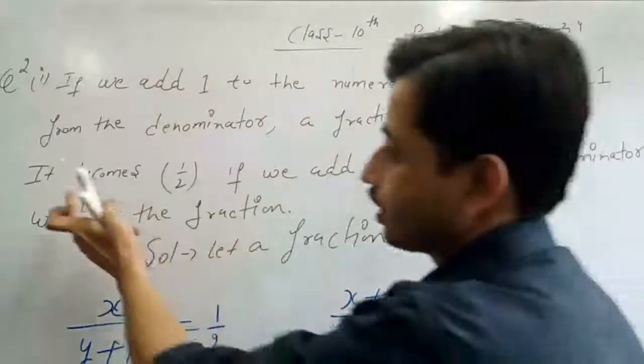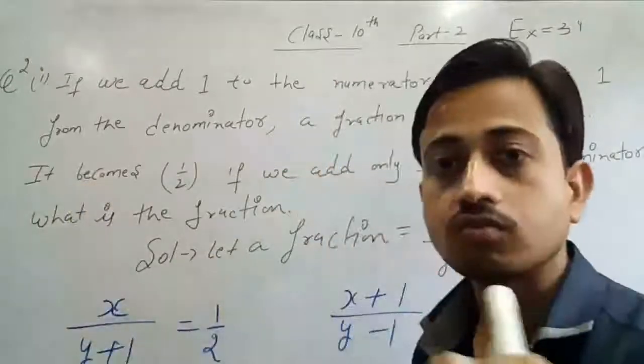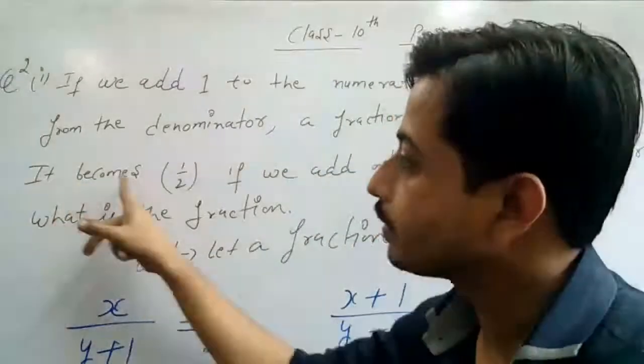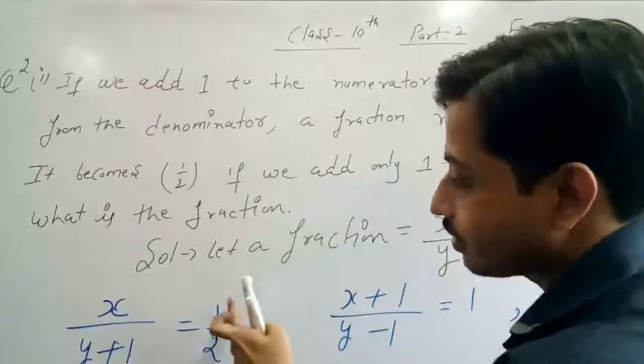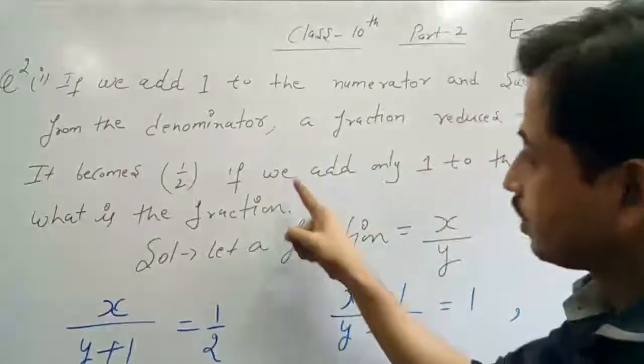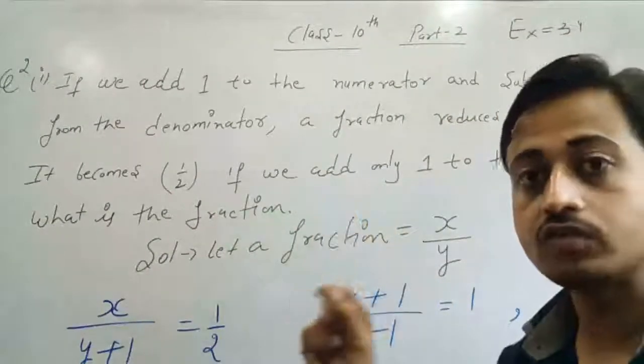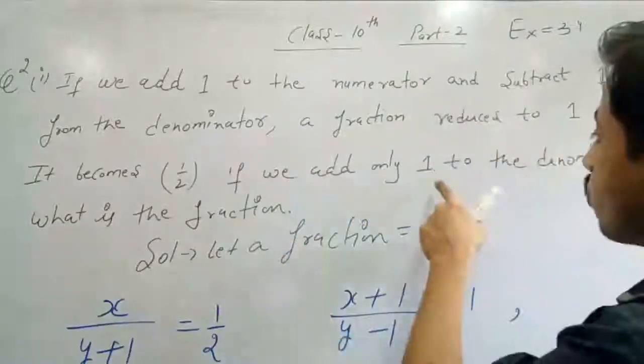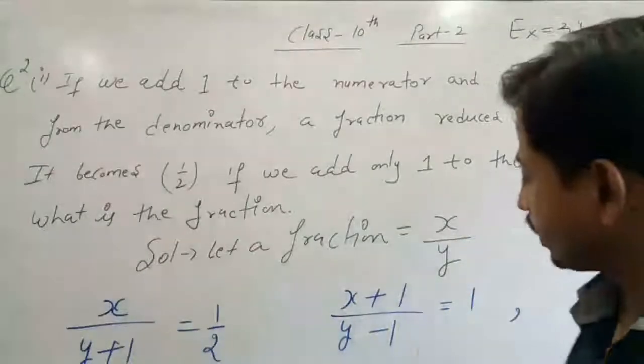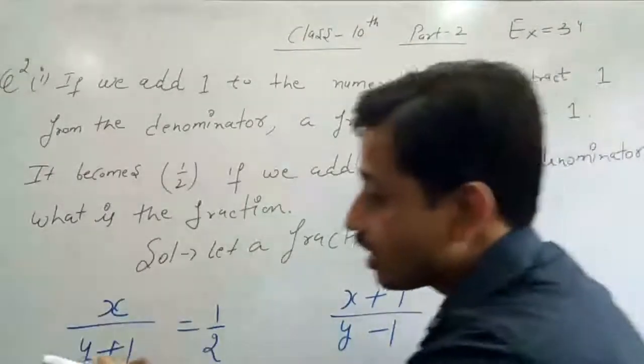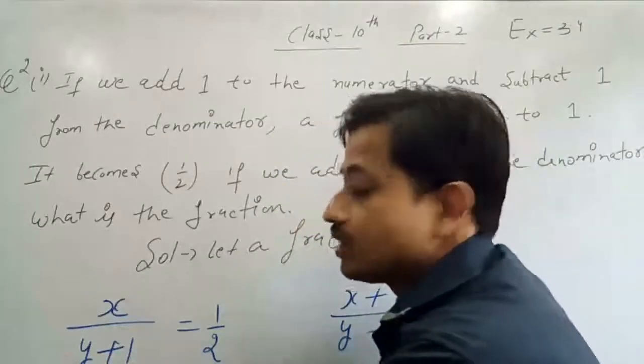Now read the next part. The fraction becomes 1 by 2. So I write the fraction is 1 by 2. If we add 1 only to the denominator, the denominator is y, so I have added y plus 1.